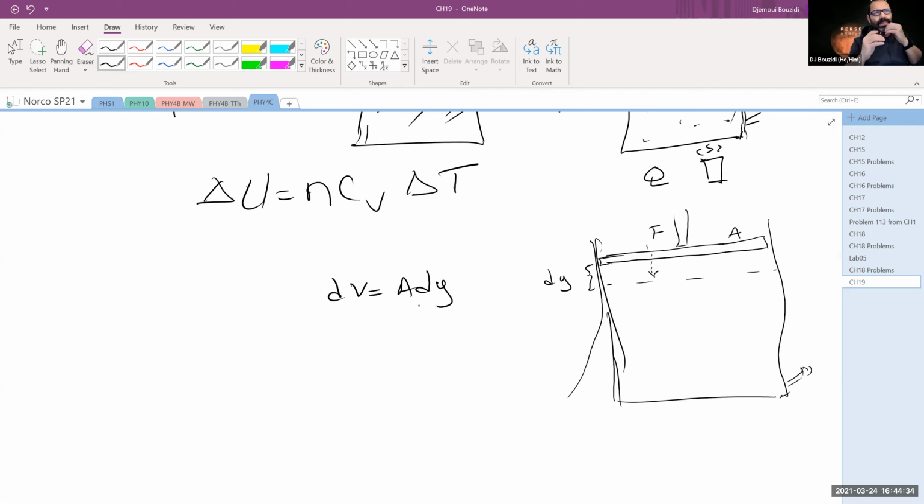It compresses a little. This is how much the volume changes, because the piston has a fixed cross-section A. So if I move it a distance dy, the volume of the gas shrinks by this much.